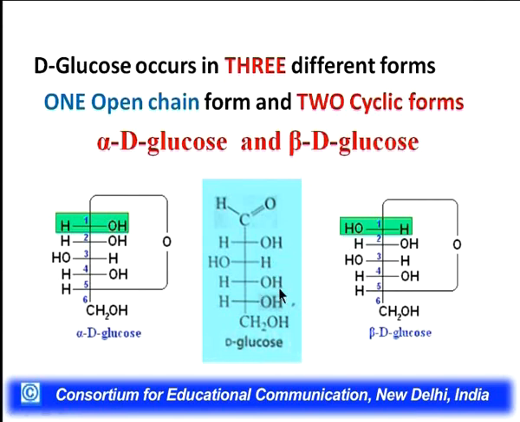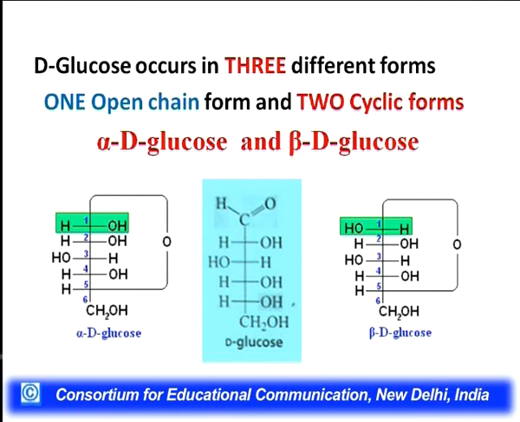Why is it that the open chain structure occurs in such a small amount in solutions? Because it has higher energy and is less stable than the cyclic counterparts. So the sugar or glucose that we come across, which is the solid crystalline structure, is in fact the cyclic structure.